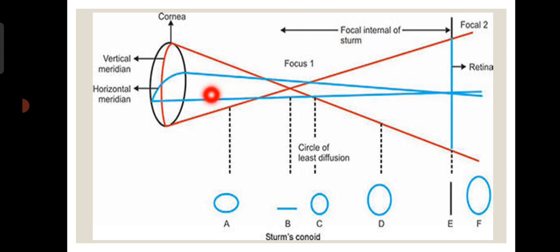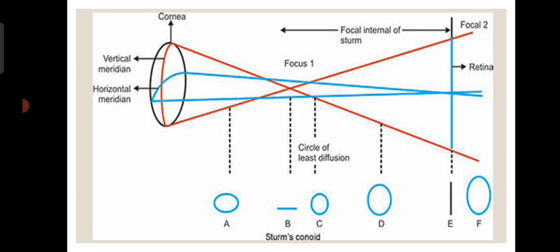Now where will be the end point? To find the end point we need to consider the circle of least confusion. See here, this point, suppose A, here only the vertical rays of light have moved this way and the horizontal rays of light are not meeting, right? If we draw a circle at this point, it will look like an elliptical circle.